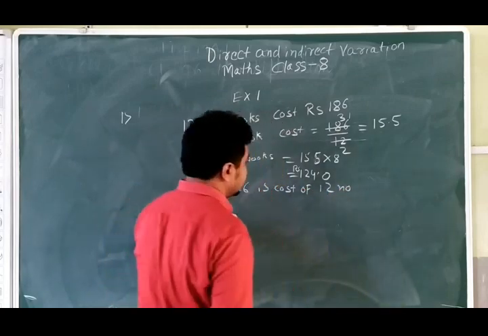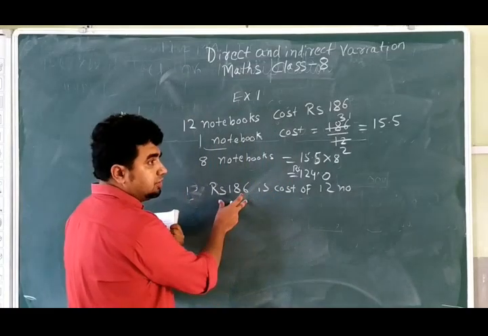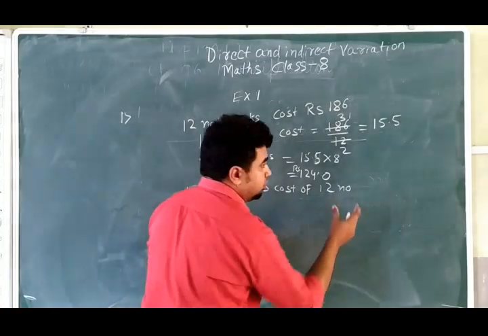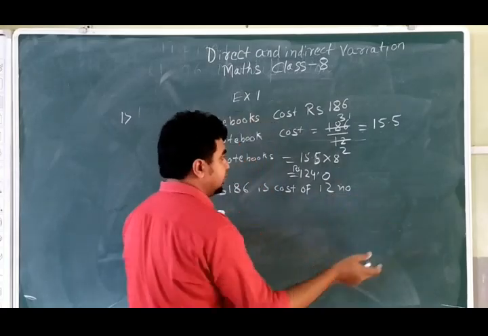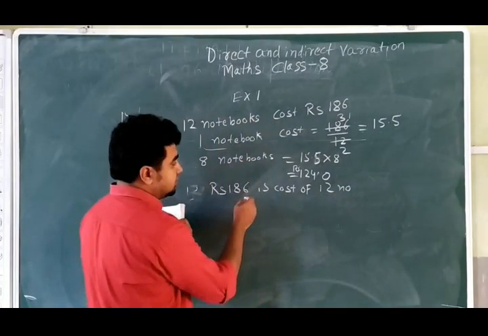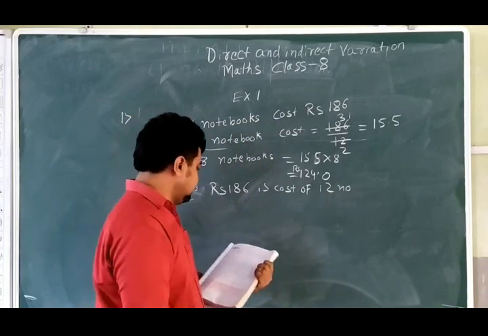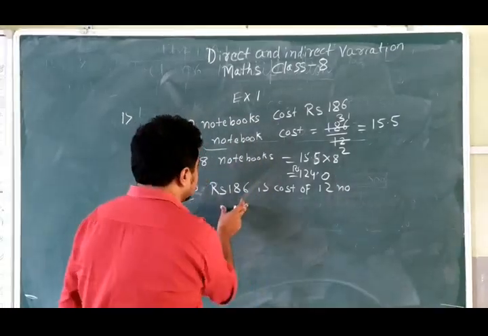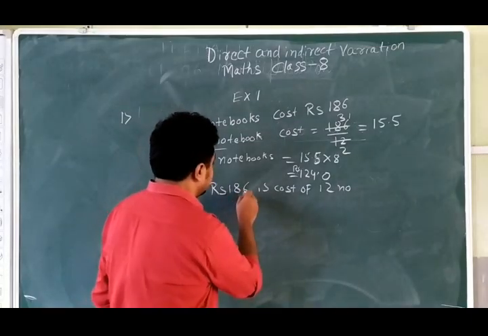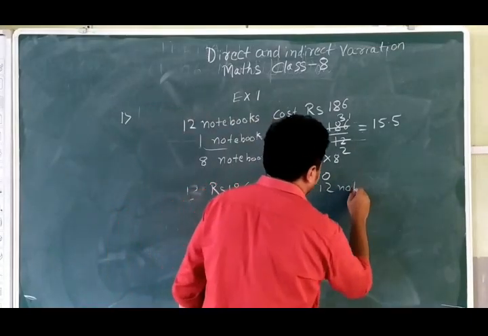See, I am writing the comparison part: the thing which is given and the thing which has to be found. I am writing it on the right side in the comparison. 186 and the price of 356 rupees is also given, so I am writing on the left side. So rupees 186 is the cost of 12 notebooks.